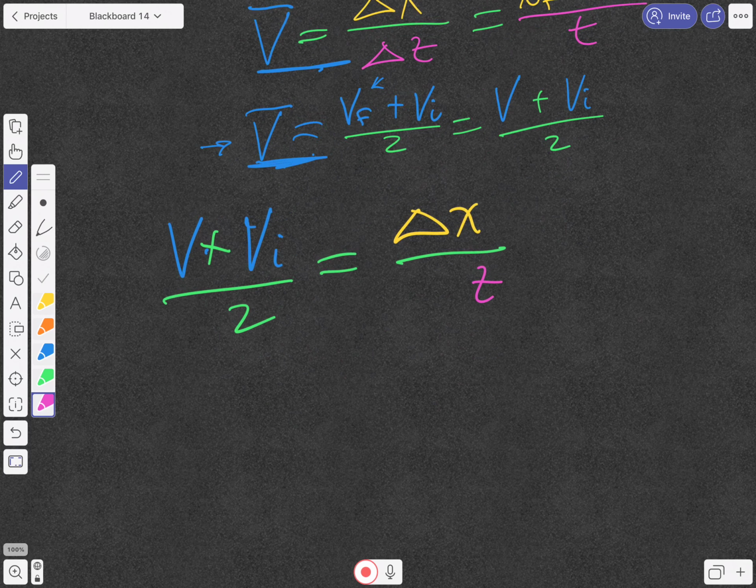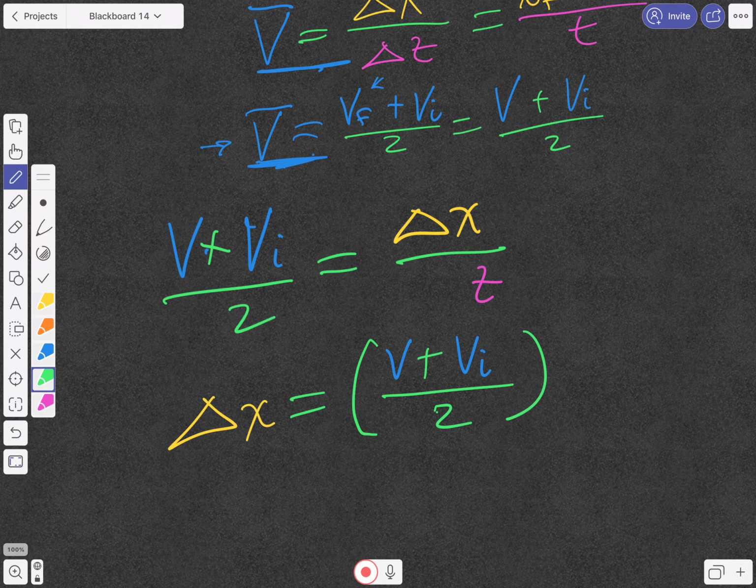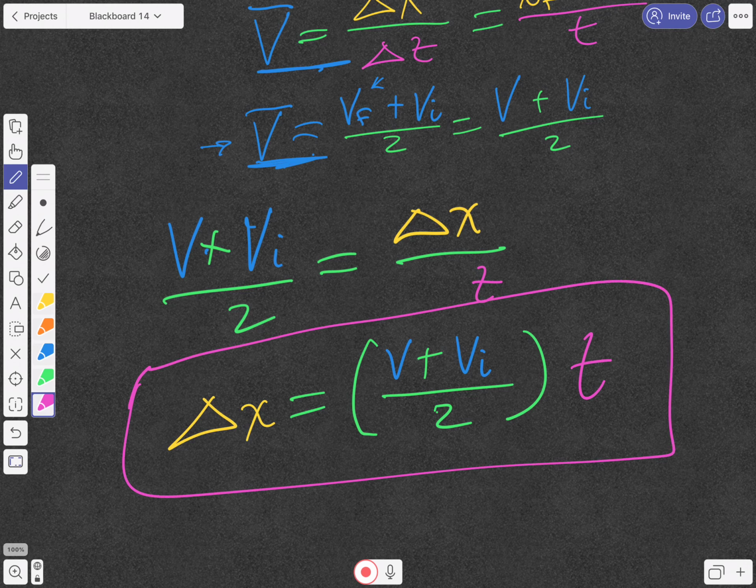So if we isolate our delta x by itself, we multiply both sides by t. We have our velocity plus v initial divided by 2, and we multiplied both sides by t, so now we have a t out here. And this is actually going to be our equation 2.